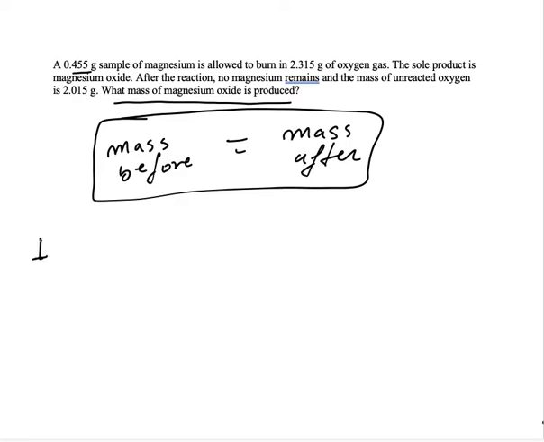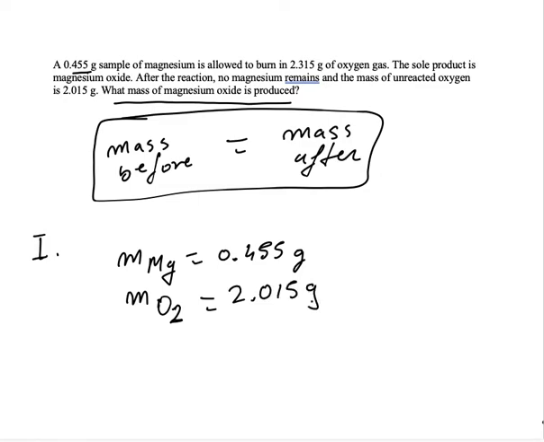So approach number one: first let's write here more. I have the mass of magnesium, which is 0.455 grams, and the mass of unreacted oxygen after the reaction is 2.015 grams.